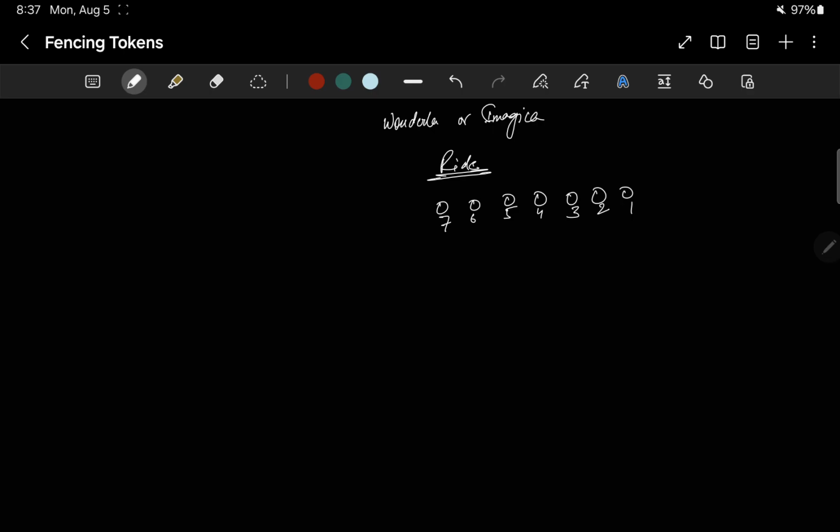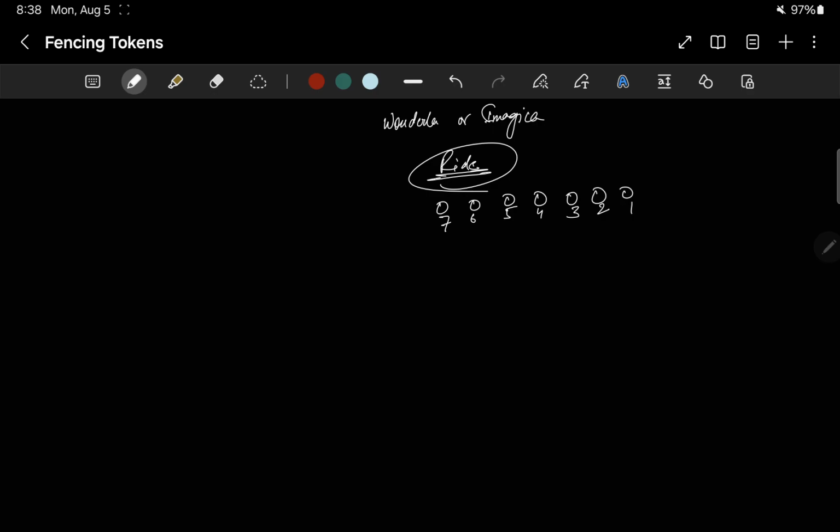So this makes sure that, by assigning them a token, a virtual token in that case, we all know whoever came in which order will go in that order. To make sure everyone gets a fair turn, each person gets a token, and you can only get on this ride when your number comes, right?